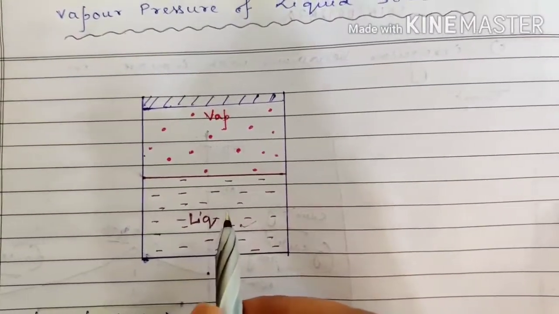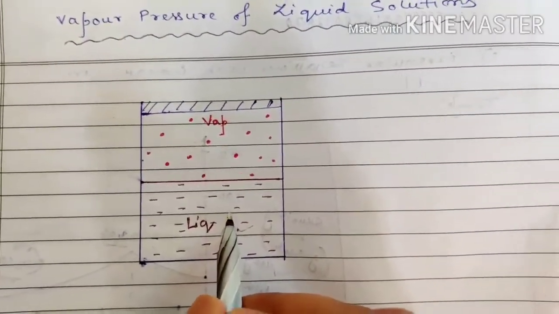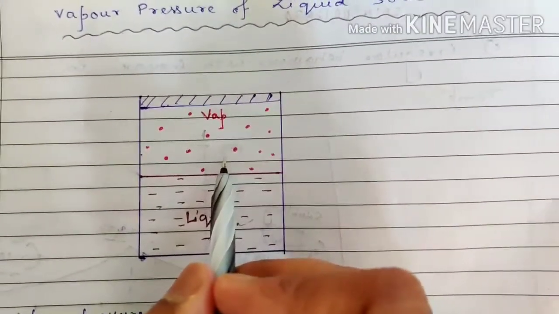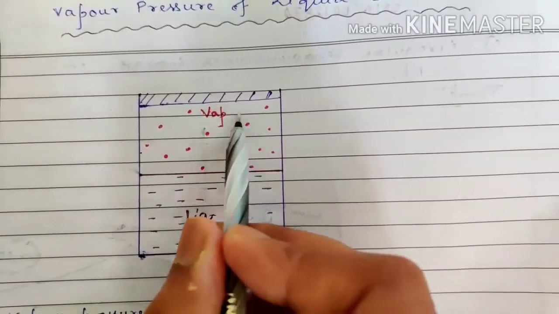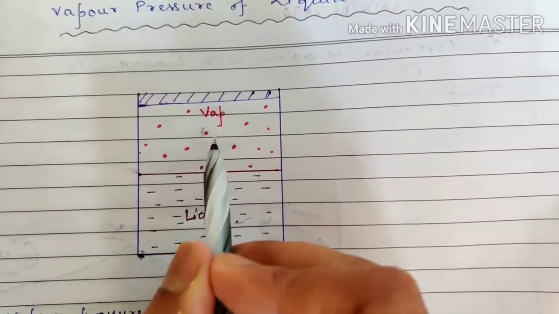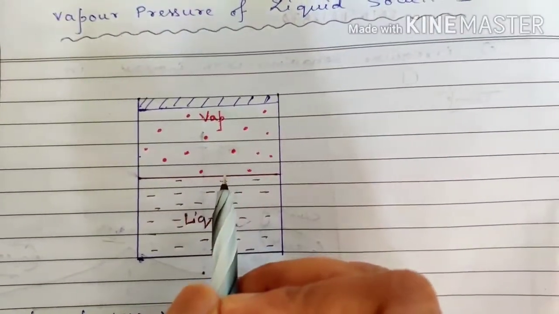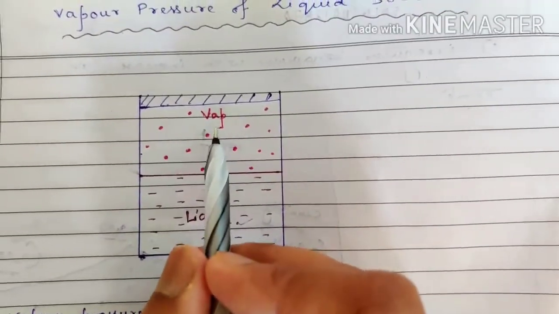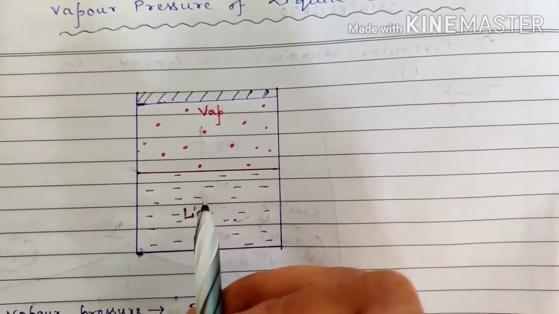With time, some of the liquid is going to evaporate and vapor is going to be generated. The vapor molecules will be only in this region, which I have kept in red. It will put a pressure onto this liquid.